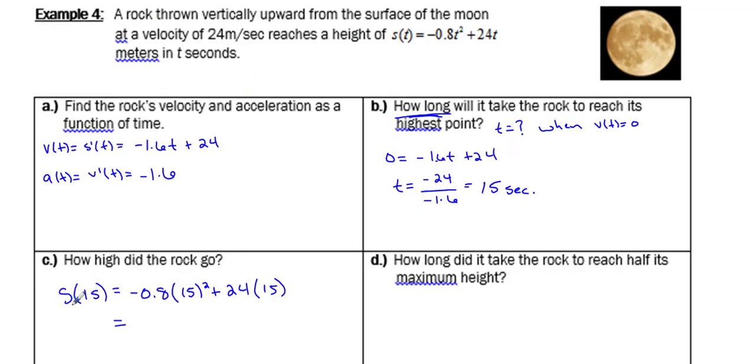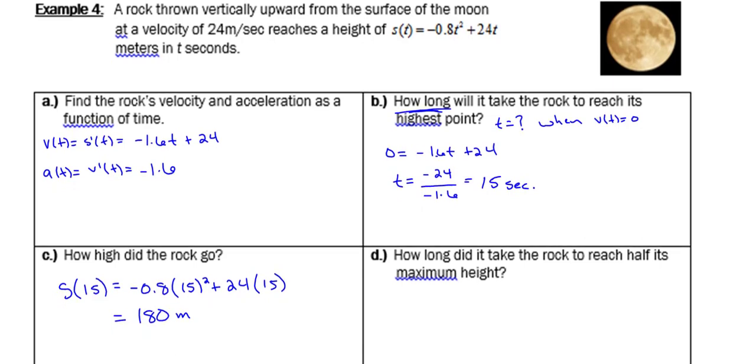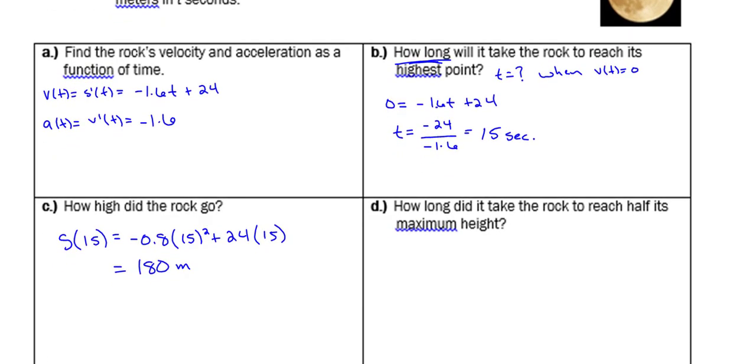Position though? Meters, yeah. You guys get 180 meters? Again, that's kind of crazy to think about. You can almost throw a ball or a rock 2 football fields vertically. It's crazy.